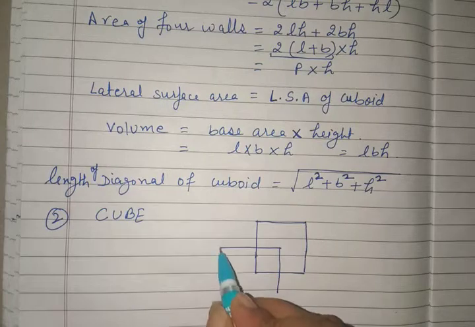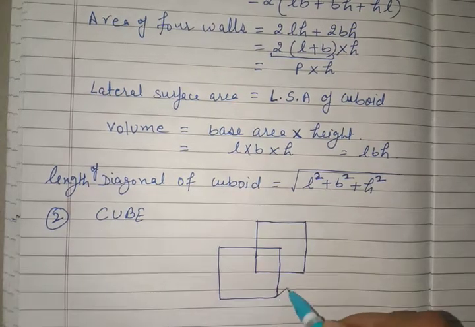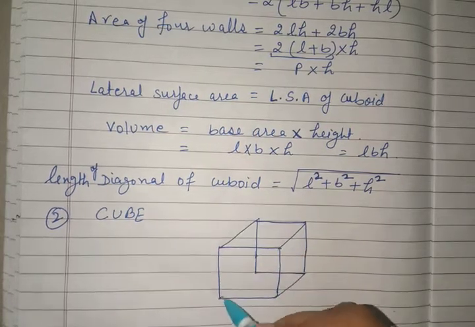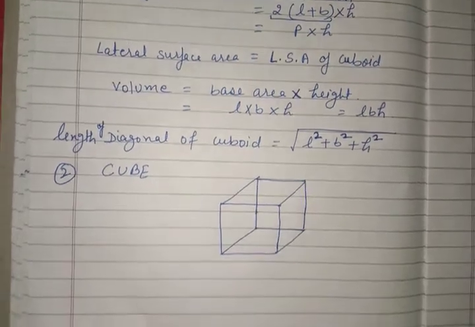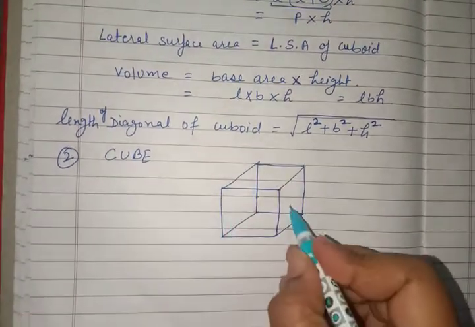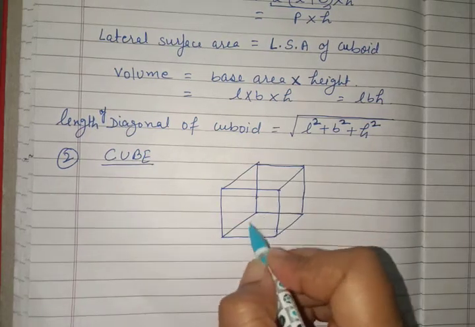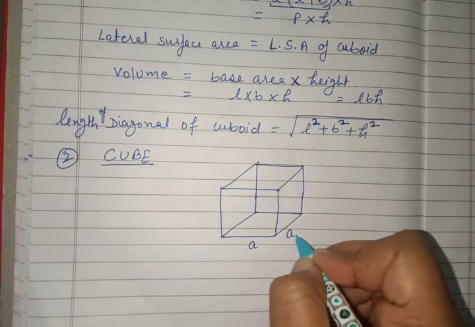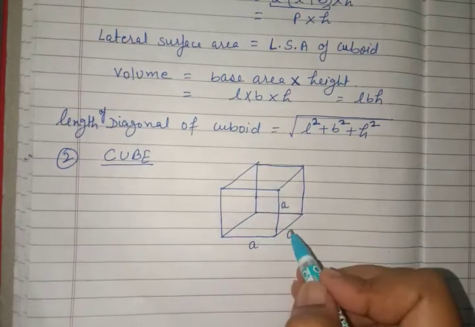Just like in the case of a cuboid all faces are in the shape of a rectangle, in the case of a cube all faces are in the shape of a square. So how many faces does a cube have? The same 6 faces. If I write its side as A, this is also A, this is also A, because it is a square, so length, breadth and height are equal.